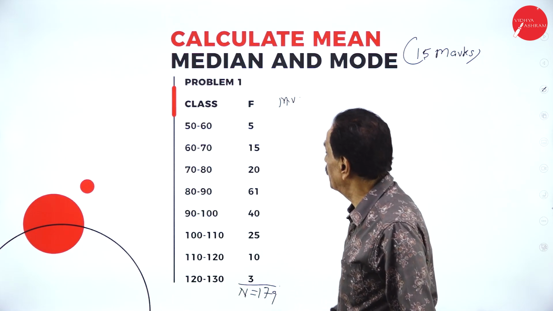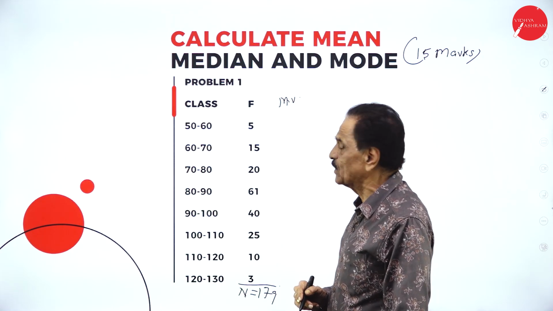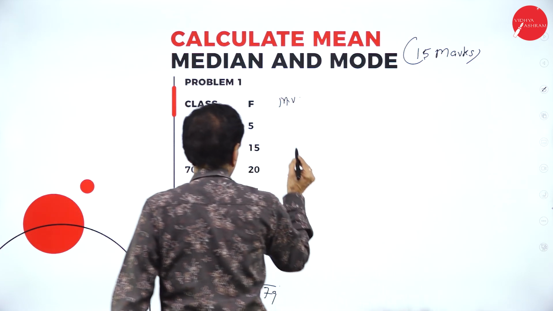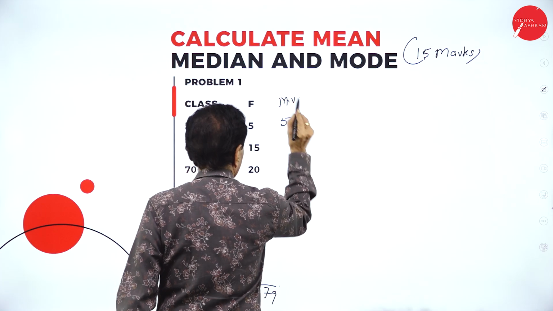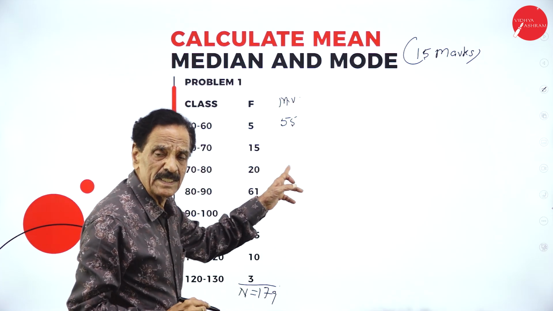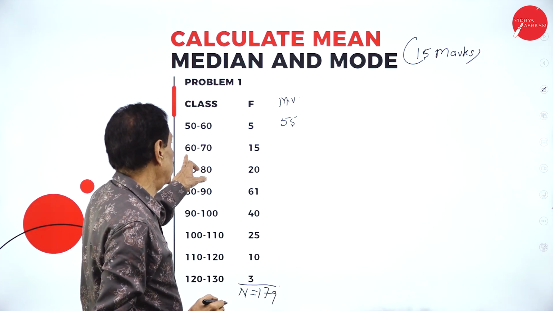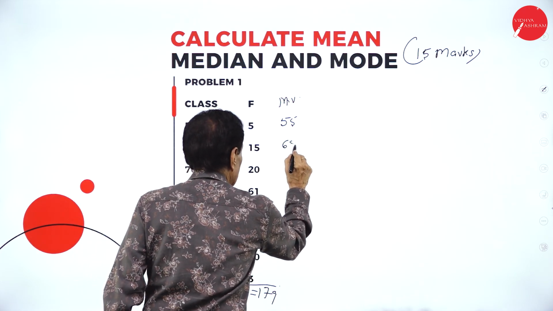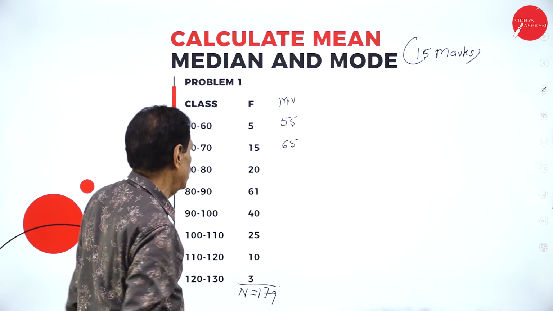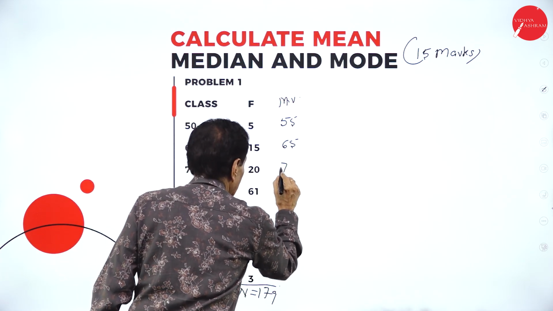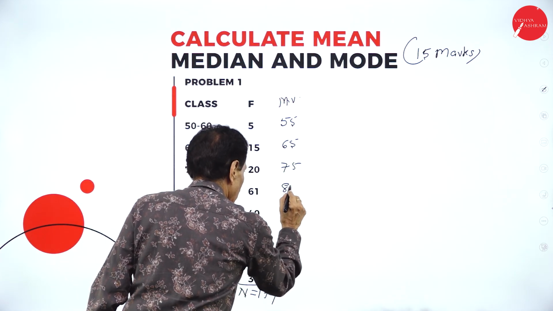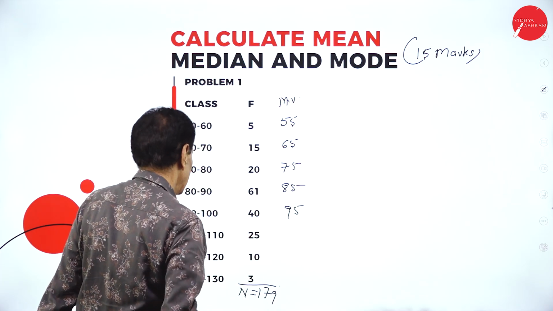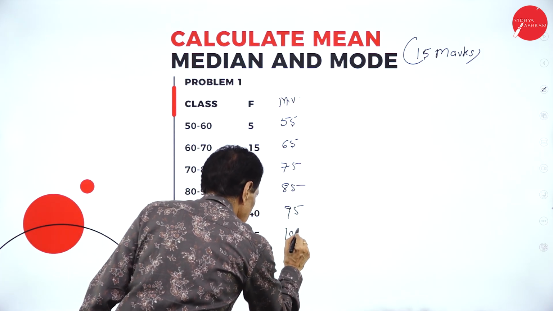It's called mid value. Add both: 50 plus 60 is 110, divided by 2 is 55. Then 60 plus 70 is 130, divided by 2 is 65. So there is a difference of 10: 65, 75, 85, 95, 105.